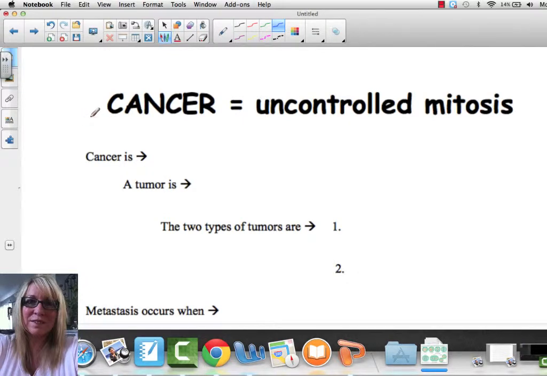So cancer is uncontrolled mitosis. Remember that mitosis makes two twin cells that are exactly alike.